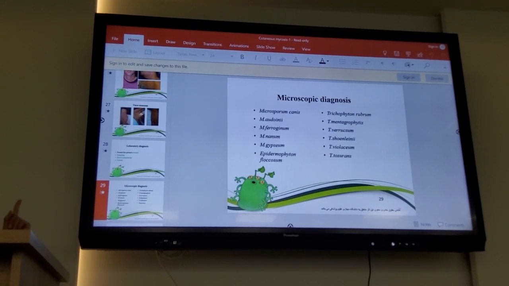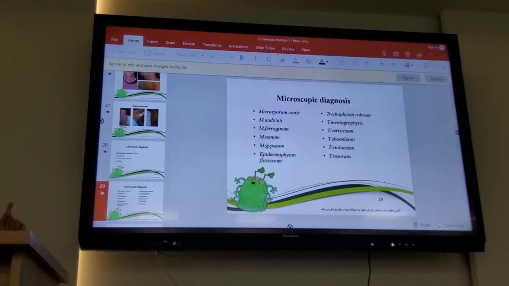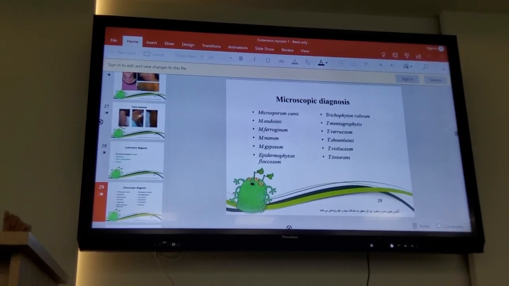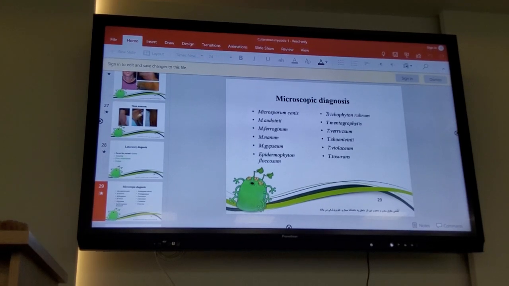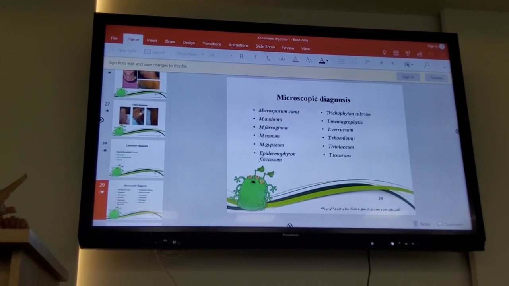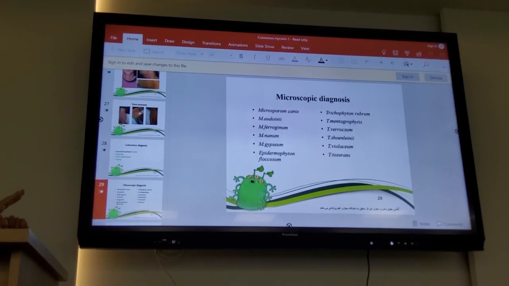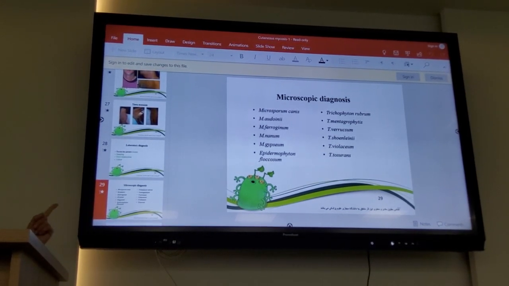Microsporum ferrugineum. You can find this dermatophyte in the yellow race, in Japan, China, Malaysia, Korea. You cannot find it in your country, in Asia, in America.